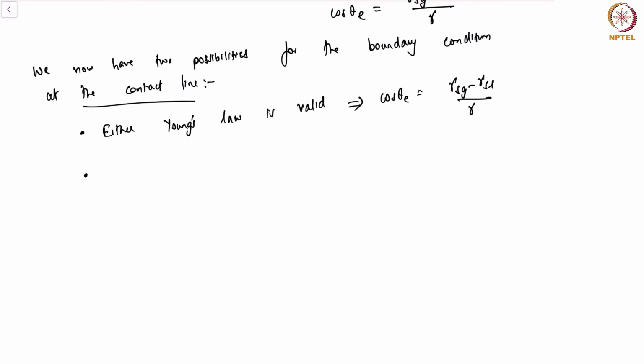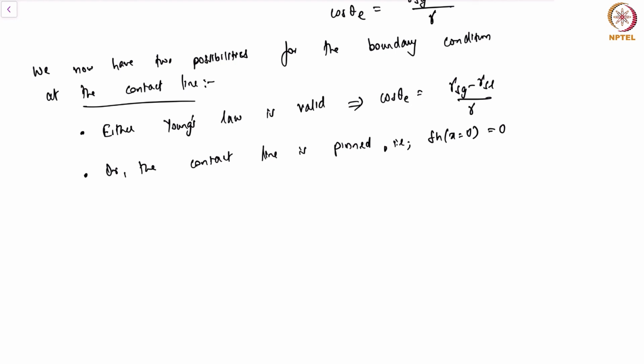Or the contact line is pinned, that is delta H at x equal to 0 is 0. So either the contact line is pinned, which means it cannot move, its position is fixed in space, and therefore it can choose an arbitrary angle, we have no control on the angle. Or the angle is fixed and we have no control on the exact position of the contact line.